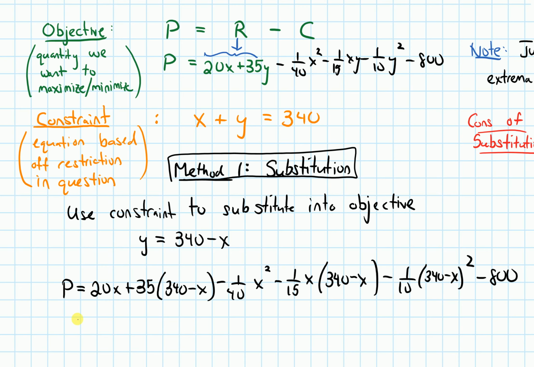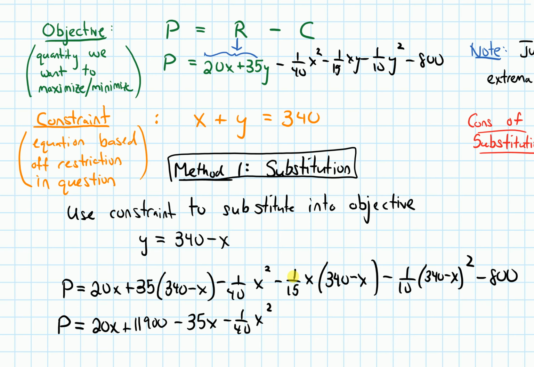Okay, so let's simplify this a little bit. So we get 20x at the front, and if I distribute 35, we'll get plus 11,900 minus 35x minus 1/40 x squared.